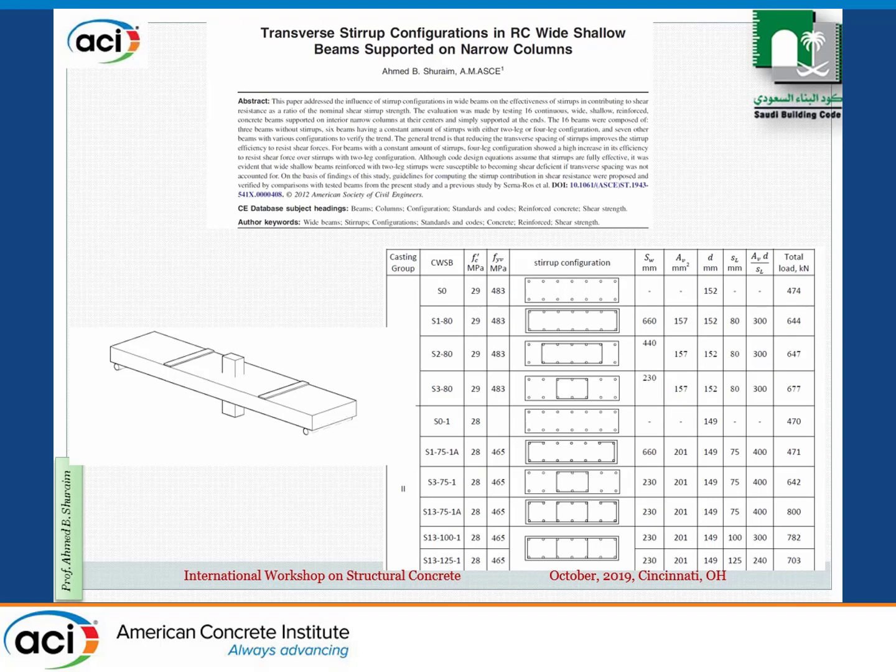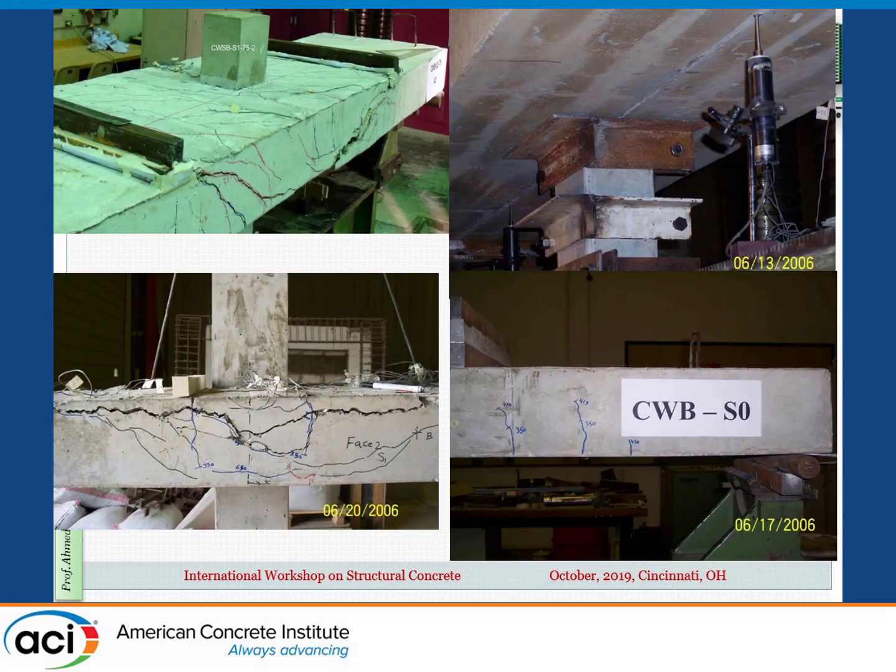But when you have a wide beam supported by narrow columns, this is another challenge, and we have made some publications on this, showing that the behavior will be different depending on the arrangement and the stirrups. These are among the major things, and we still hope that we will find a way to solve it in a code format.